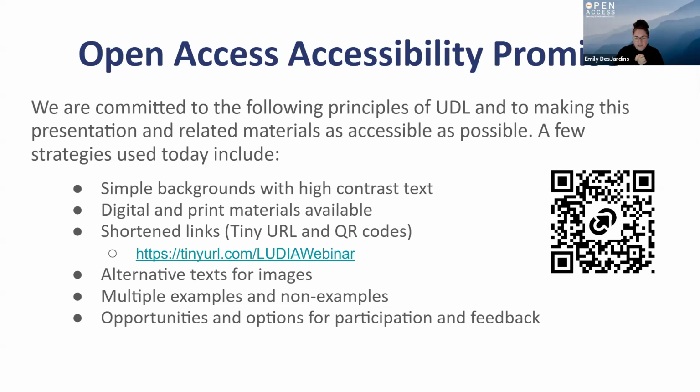Obviously, today's a webinar, so you're going to have it all as digital, but absolutely feel free to print anything that you'd like from that home-based document. You have access to our slides and materials through the tiny URL and QR code. And we're going to try our best to provide examples and non-examples and have time for participation and engagement as well.